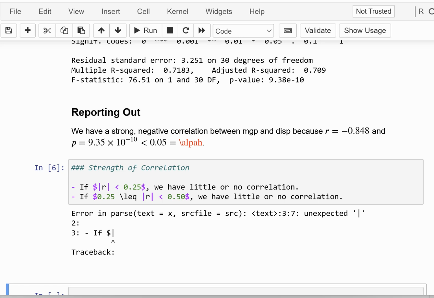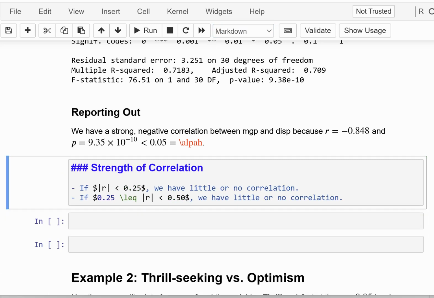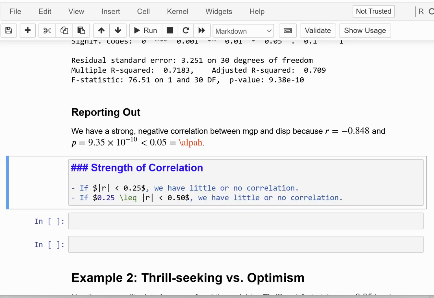Sorry, what did I do wrong there? That one's interesting. Somehow I got bumped out of markdown mode. There we go. We have weak correlation, okay? So between 0.25 and 0.5, we have weak correlation, okay?